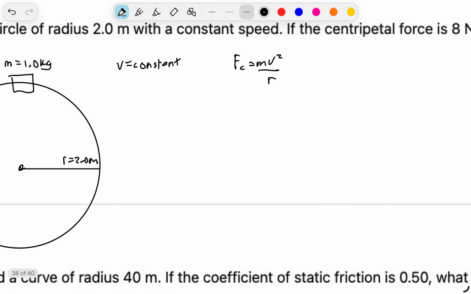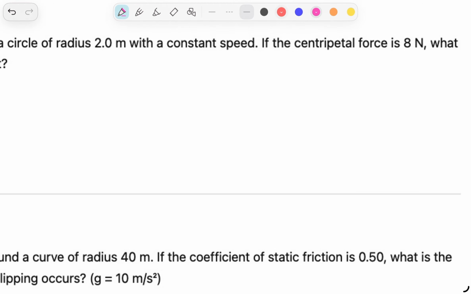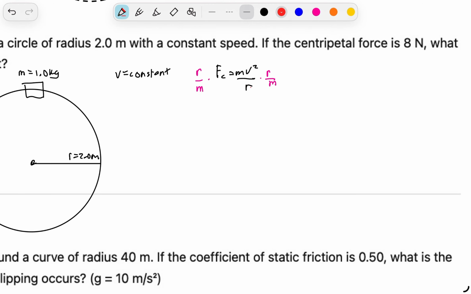So then you just have v squared. We have to get v squared, so you can multiply both sides by r over m, because that's just the reciprocal of the things we want to remove. So that's r, and then m cancels here. So v squared is equal to Fc times r over m.